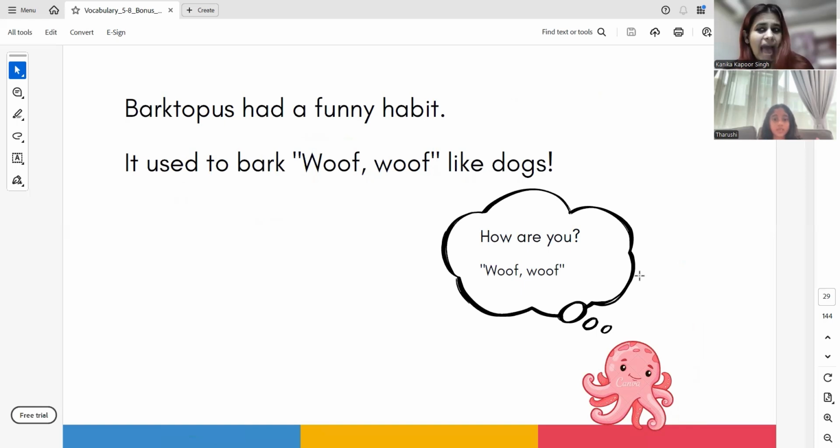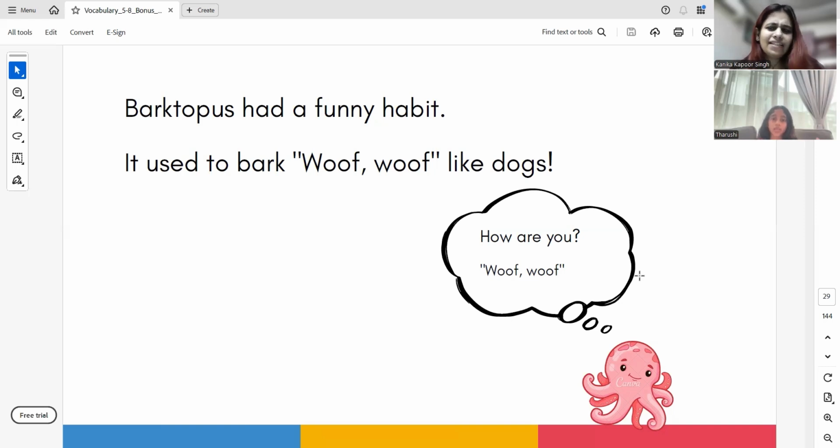What was this funny habit? It used to bark, although it was an octopus, it used to bark like a dog. Woof woof. How are you? Woof woof, like a dog. That's why its name was Barktopus.